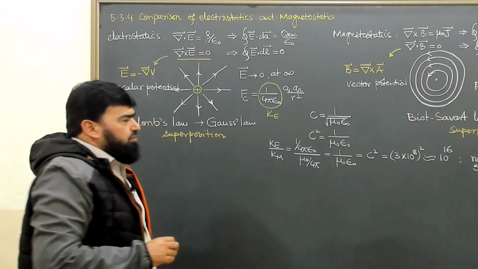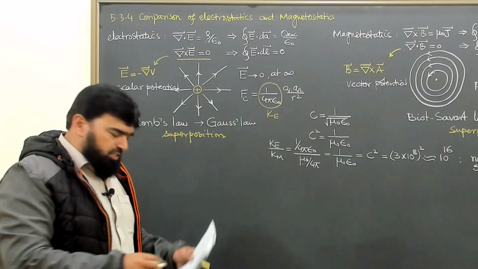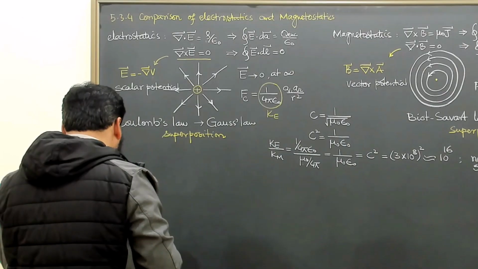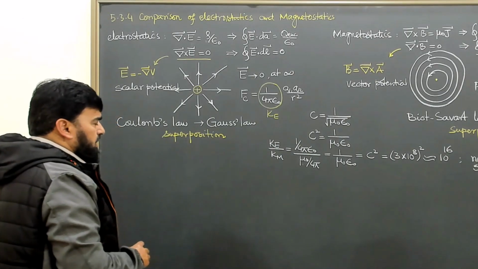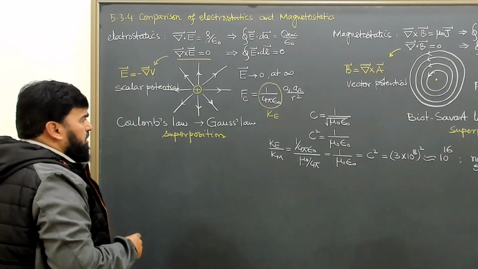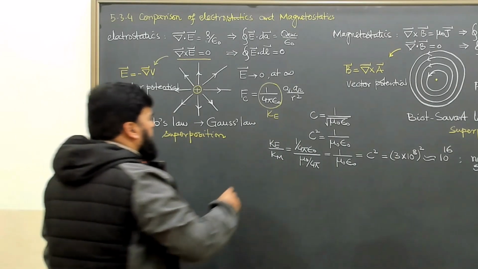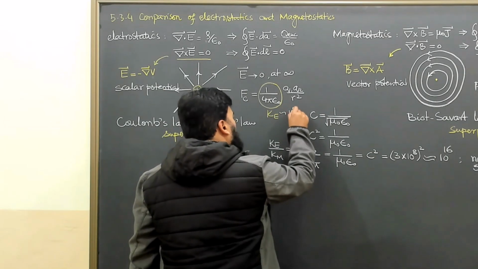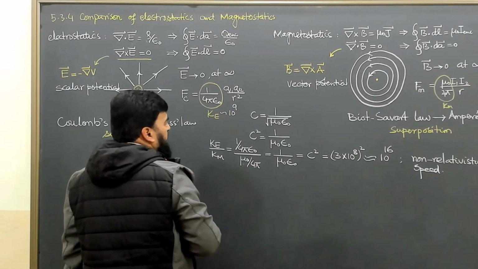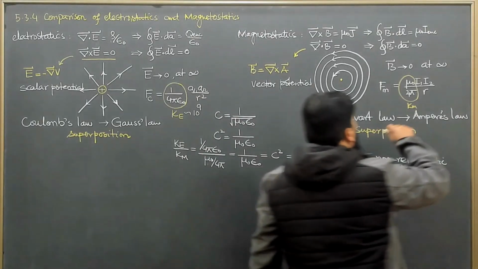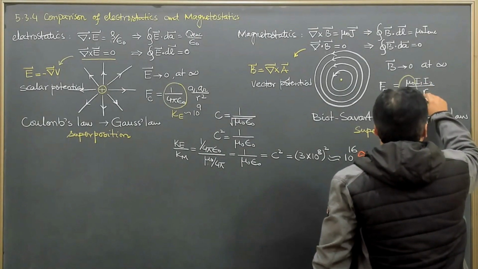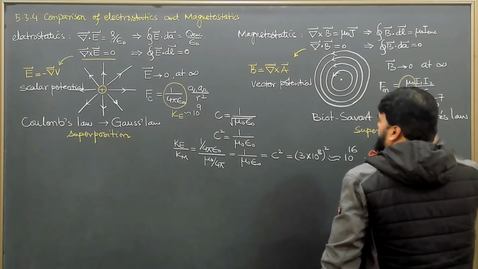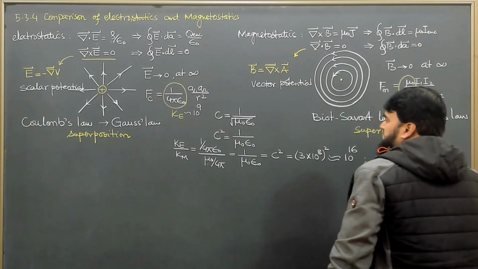But what if things are relativistic? I can compare it the other way around as well. Ke is approximately 10 to the power 9, while mu naught is roughly 10 to the power minus 7 in their standard SI units.